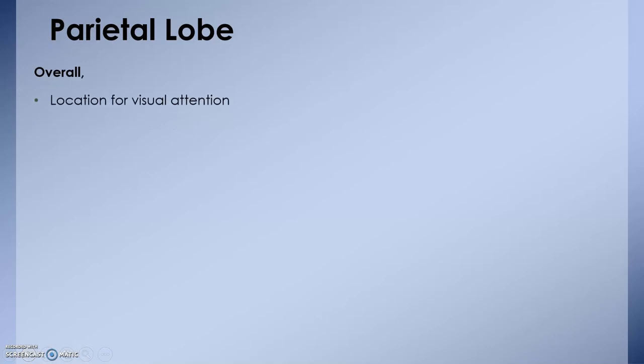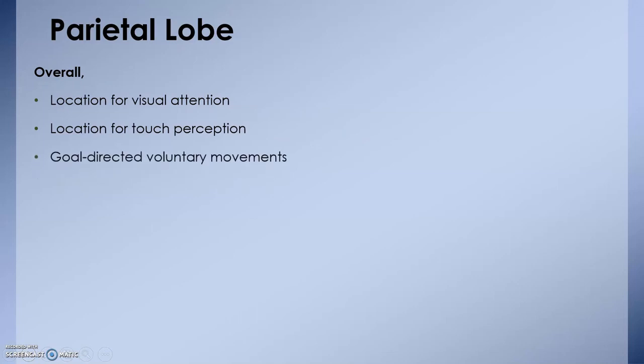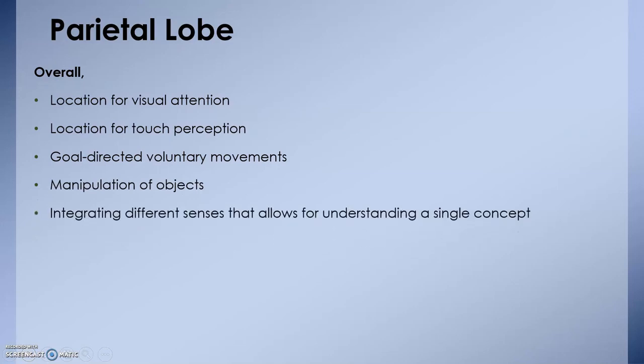It is a location for visual attention, location for touch perception, goal-directed voluntary movements, manipulation of objects, and integrating different senses that allows for understanding a single concept. When we read about the regions that are involved in the parietal lobe and the functions they perform, these aspects become more clear to us.